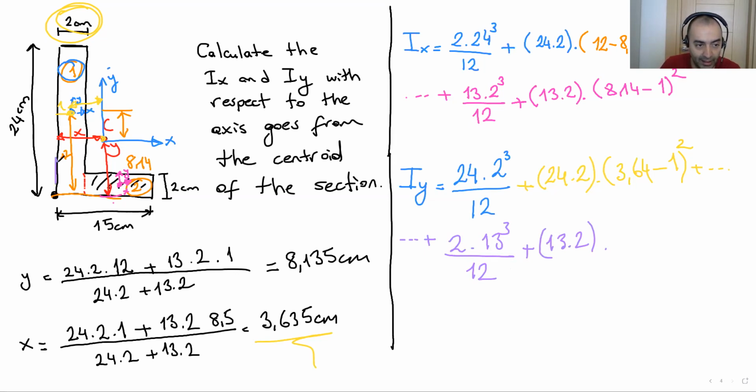From this baseline, if you assume this is our baseline, what is the distance of the centroid of this member 2? Basically 6.5 plus 2, so 8.5 minus x.